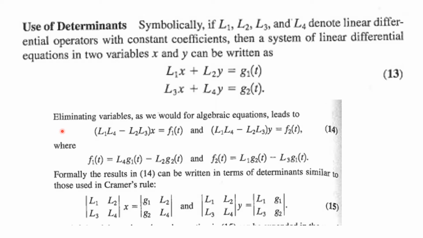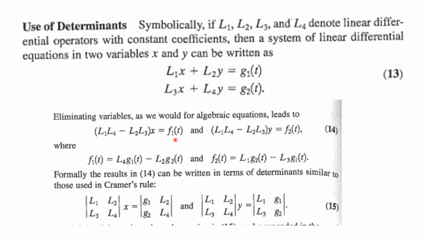Now when we eliminated variables, as we would for algebraic equations, this leads to a decoupled system of differential equations, one involving x and one involving y. So we would have L1 operating on L4 minus L2 operating on L3 operating on x, and that would be equal to F1 of t.